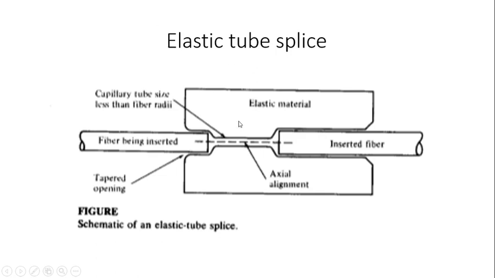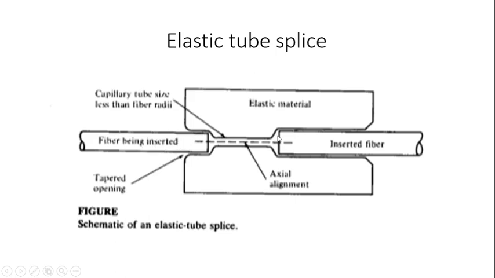From the above figure, it is clear that the two fibers are inserted in an elastic tube structure. Observe that the diameter of the already inserted fiber is greater than the diameter of the inserting fiber.